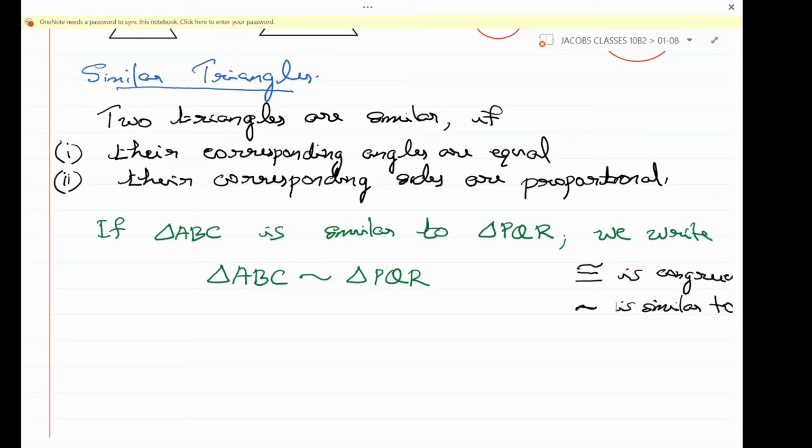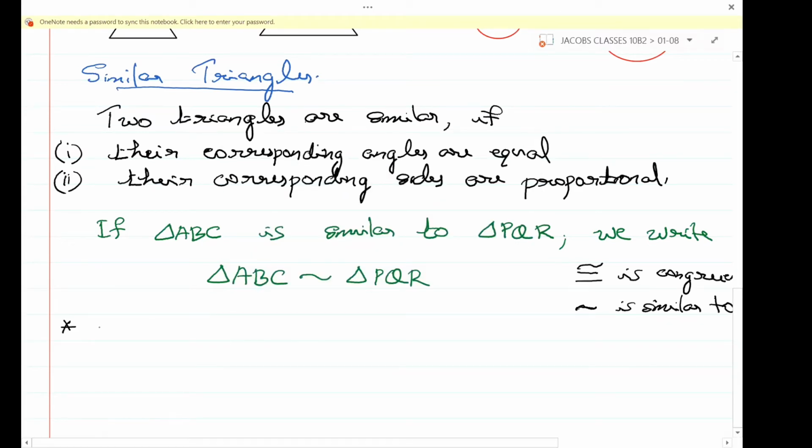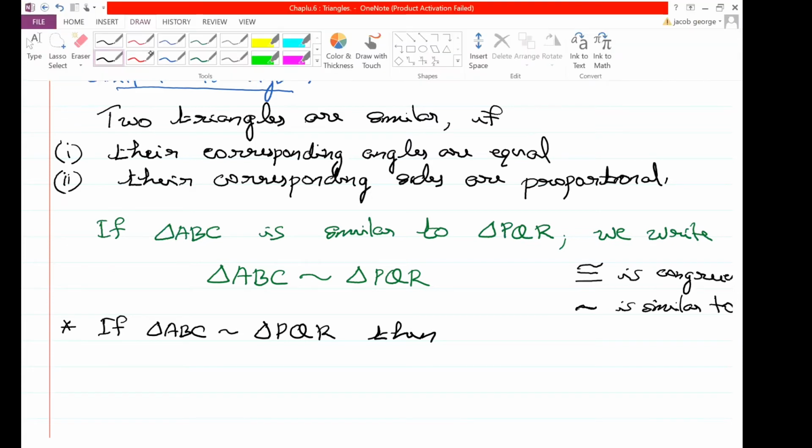Now you see, how can I write these two points in terms of the sides and angles? If triangle ABC is similar to triangle PQR, then we can write their corresponding angles are equal.